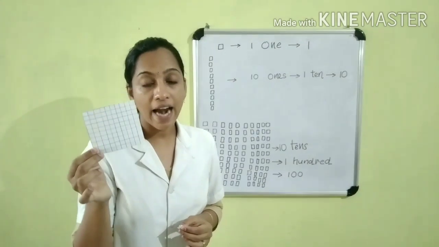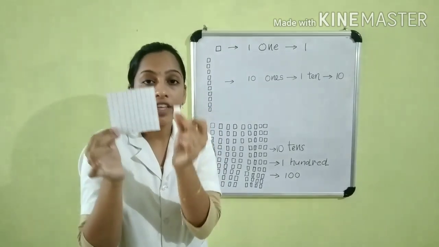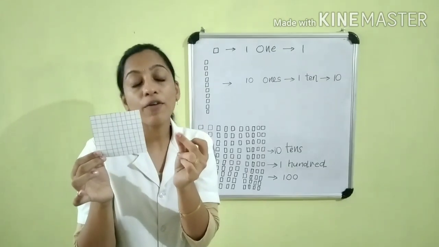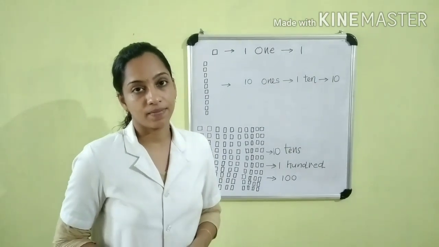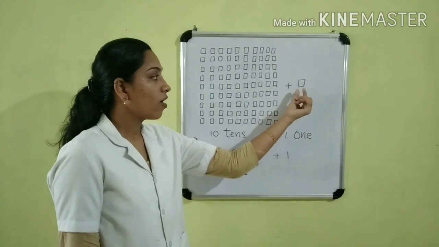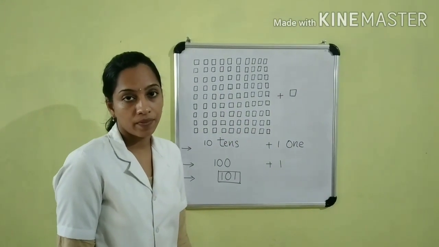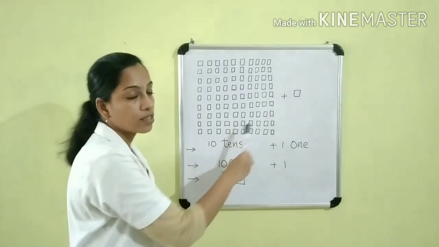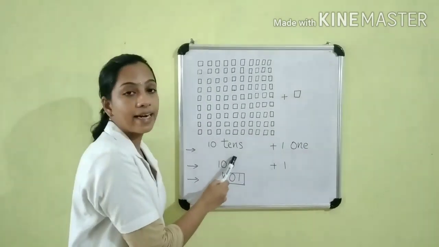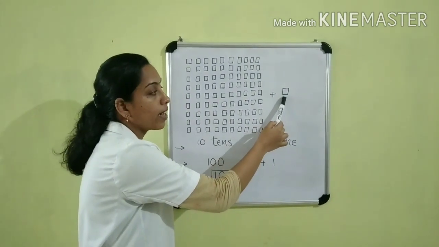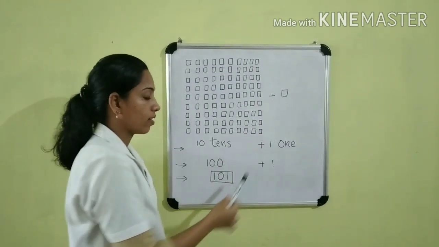Children, if I add one small square with this large square, what will happen? Let us check. Now I add one small square with this large square. Here, this large square represents 10 tens. This small square represents 1.